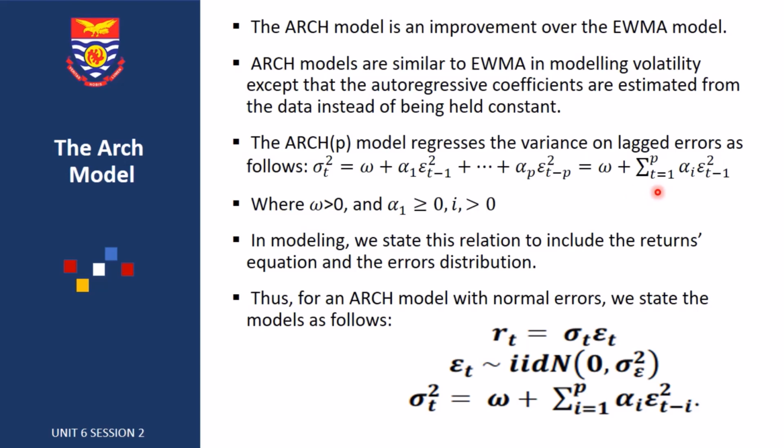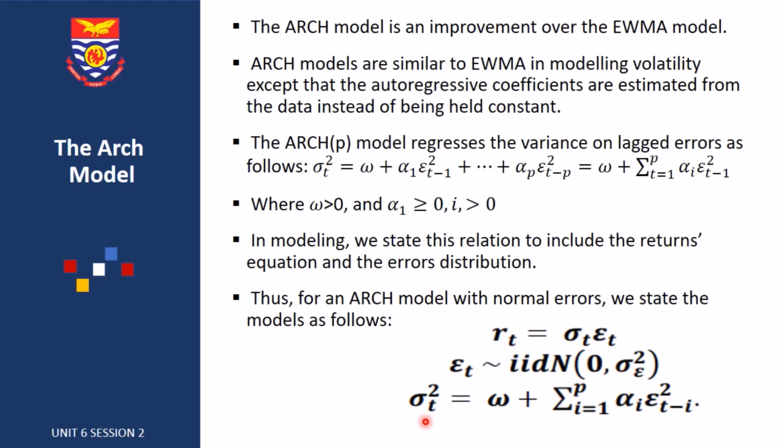So in modeling, we state this relation to include the returns equation and the error distribution. That's for an ARCH model with normal errors. We state the model as follows, where r_t is the return series and it's a product of the standard deviation and the error term, where our error term possesses the property of being independent and identically distributed with a mean of 0 and a constant variance.